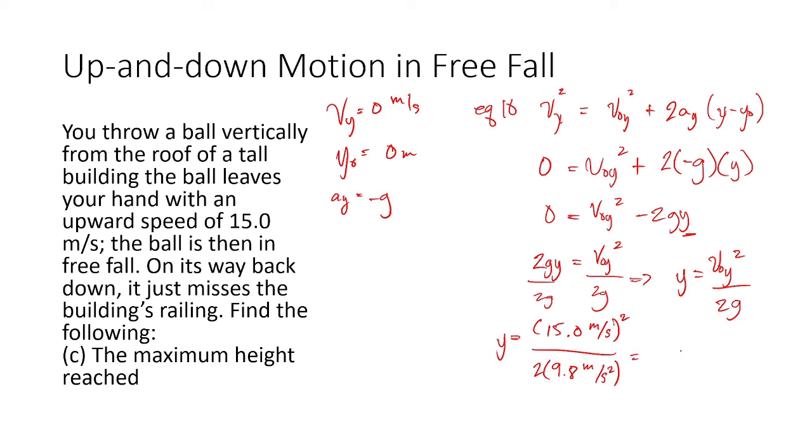And upon computation, this will be positive 11.5 meters. So that will be our maximum height. Okay? So it is positive because, as you may have remembered, it is thrown from y0 upwards. So you should expect a positive value there.